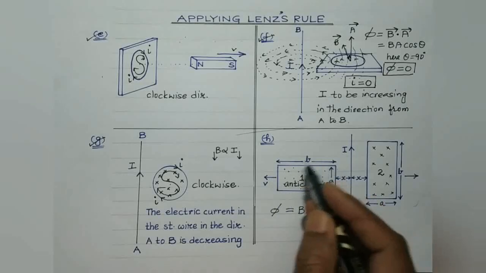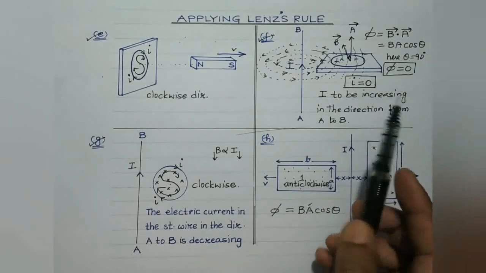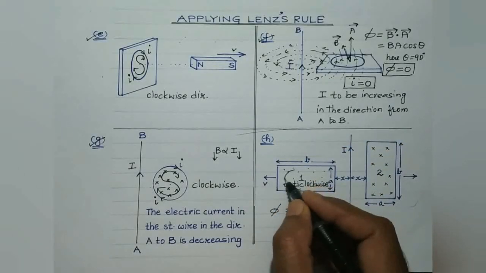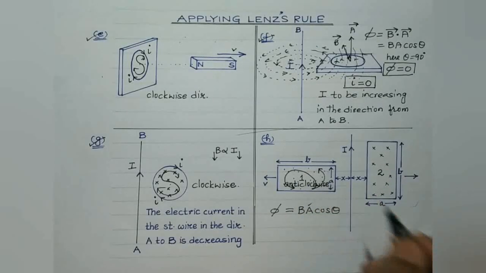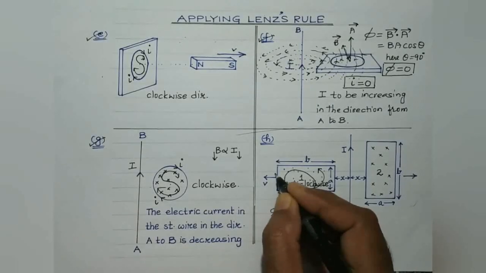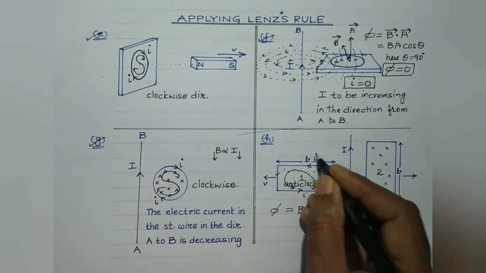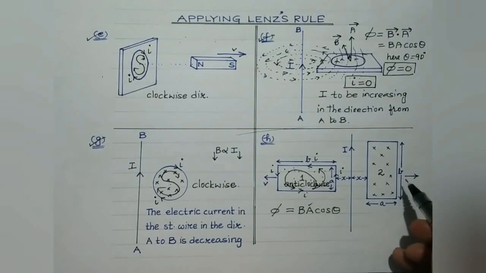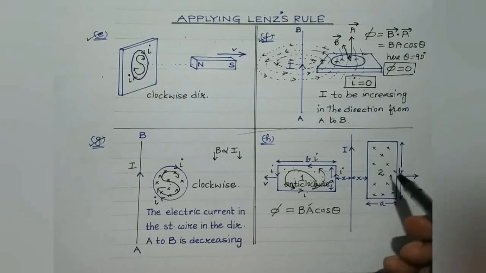So this face of the loop must acquire some polarity so as to send its own magnetic field lines in the outward direction, and that is possible only when this face of the loop acquires north polarity, and hence the direction of the induced current must be in the anti-clockwise direction. Clear, students?